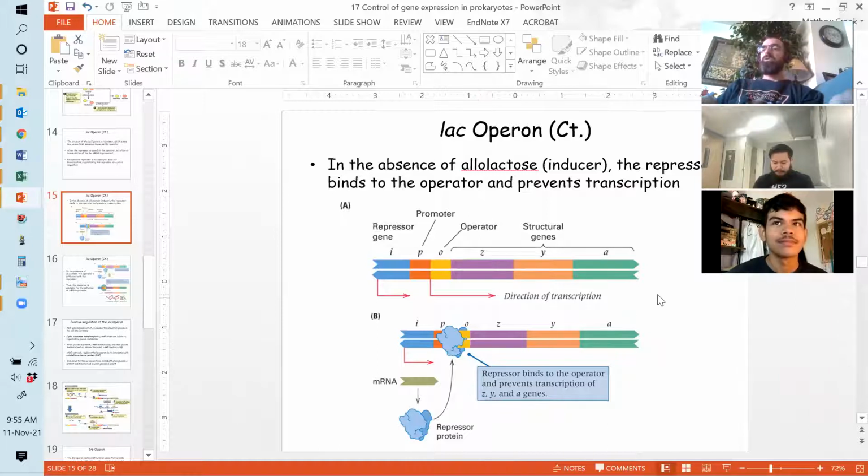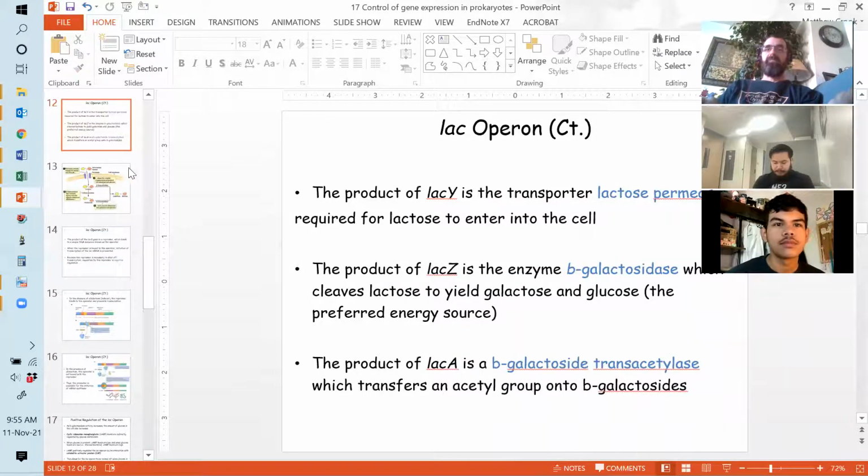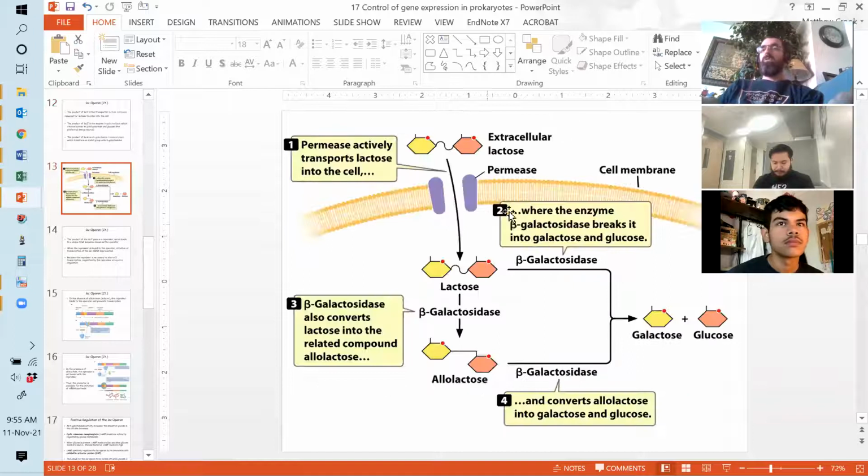So these structural genes are all involved in the metabolism of lactose, right? To do so, we need to do a couple of different things. One, we have to get lactose into the cell, right? That is encoded by LAC-Y.